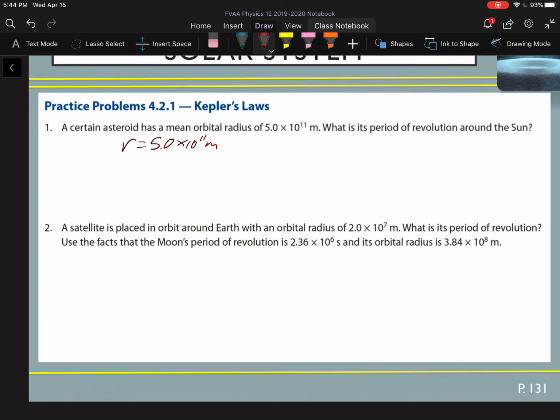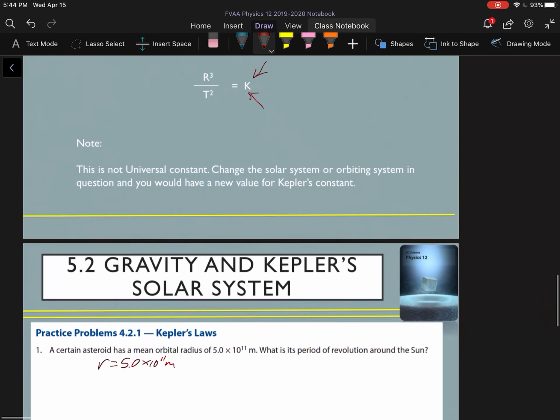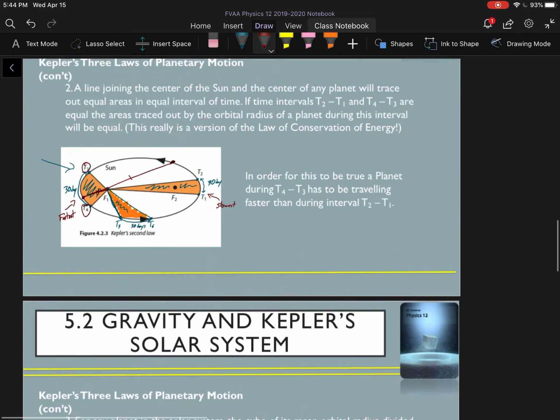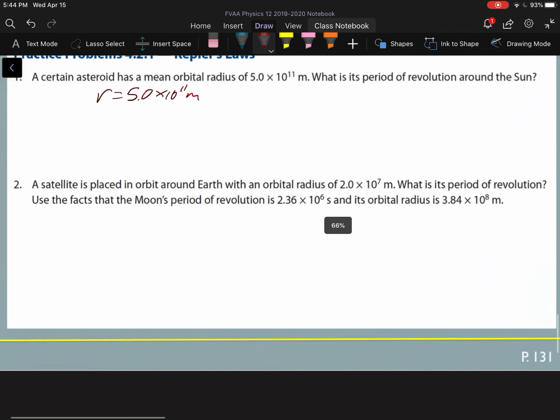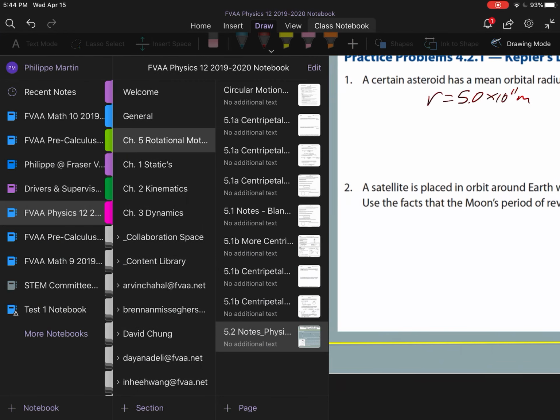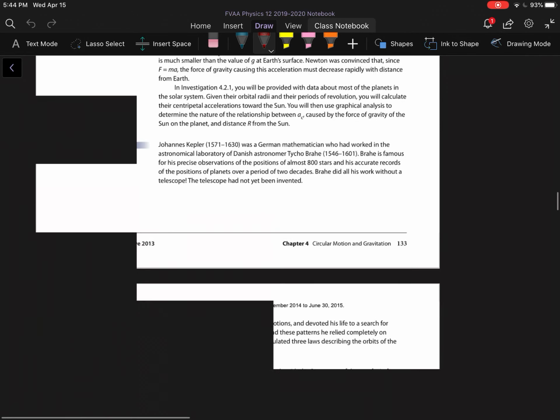What is the period of revolution around the sun? So here, I think in the textbook they had that constant already determined. So I'm going to go check that out real quick, get that constant for us, and then we'll be back here in a second.